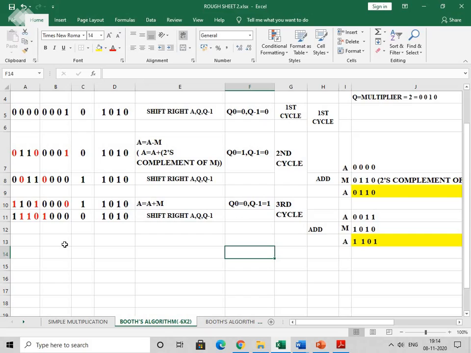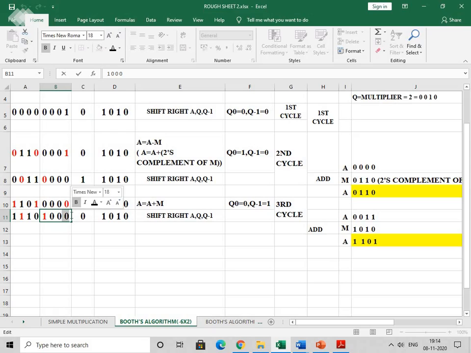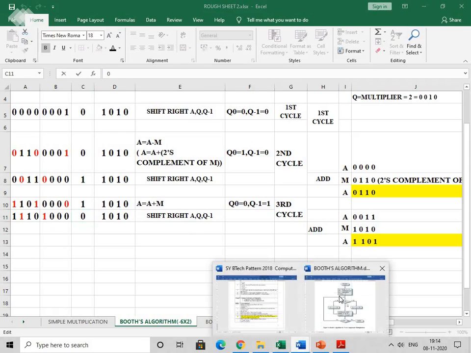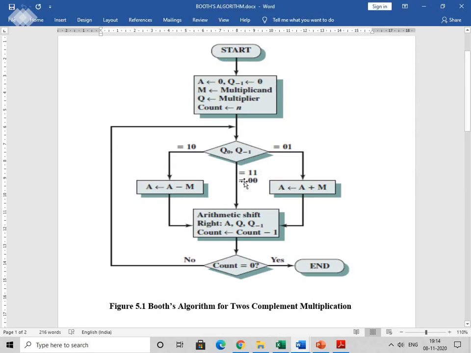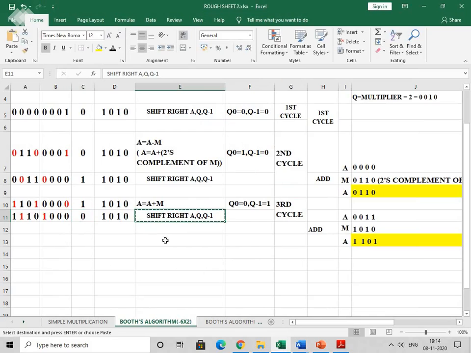Now what we are going to do? Again we are going to scan the bits of Q0 and Q minus 1. If you observe it properly, the bit of Q0 is 0 and Q minus 1 is 0. So from the flow chart, if Q0 is 0 and Q minus 1 is 0, we simply do the shift right operation. That means we are going to shift right the content of A, Q and Q minus 1. So do the shift right operation.